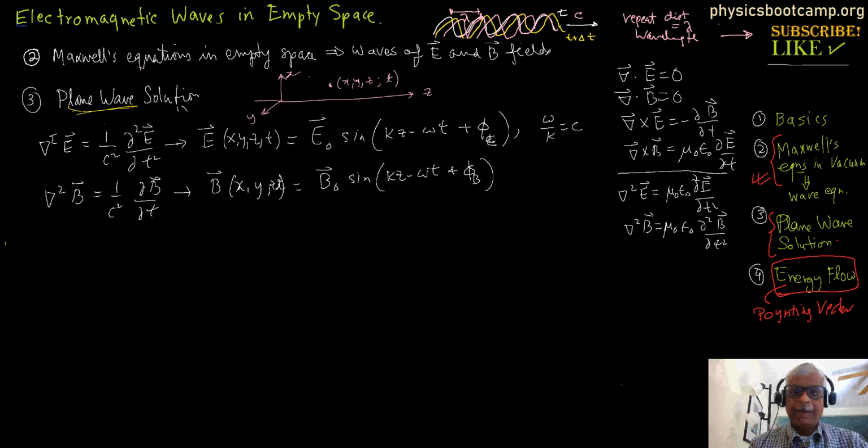Okay, so the same way we get this solution from this, we also have a similar solution for B. It's just that you're going to have different constants.